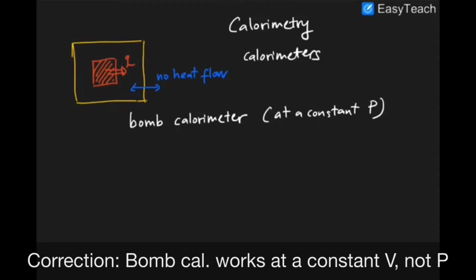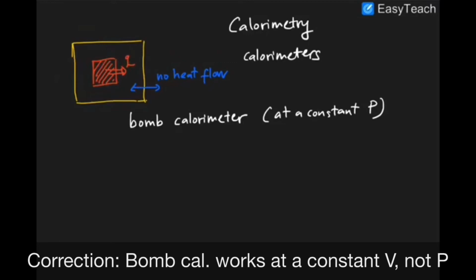So we have the system inside that is illustrated in the red color, and this will release the heat into the surroundings, which is inside the yellow square, and there is no heat flow to the outside of the calorimeter.